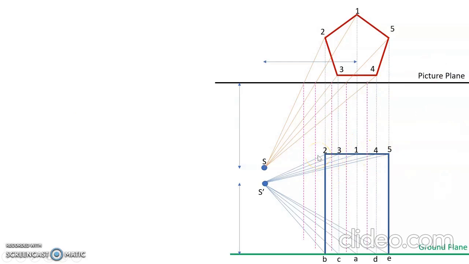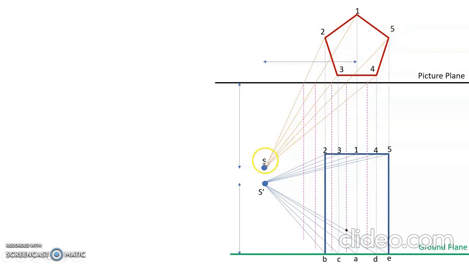Now we can get the points in the bottom also, that is the ABCDE edges. Sorry, this is the edge E, that is we are getting at the 5. So 1 comma A, 2 comma B, 3 comma C, 4 comma D, 5 comma E are the 5 edges.